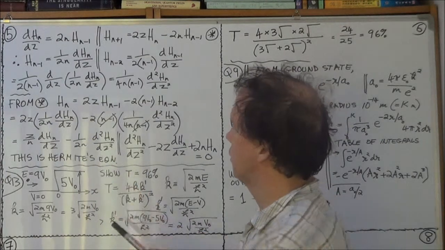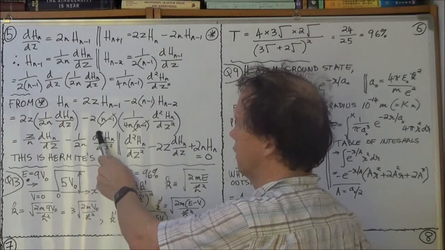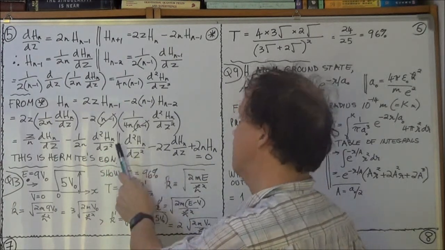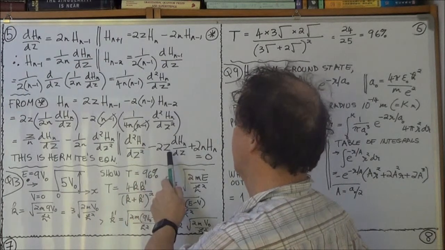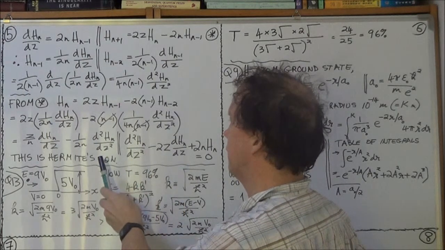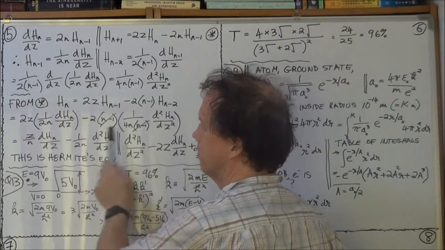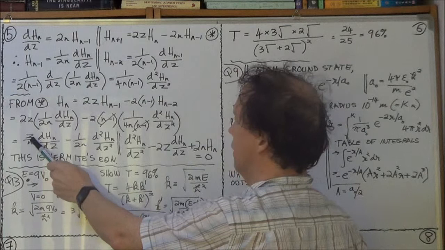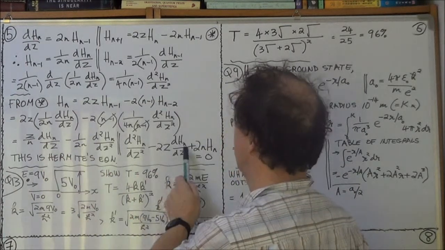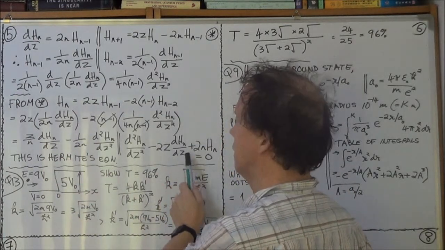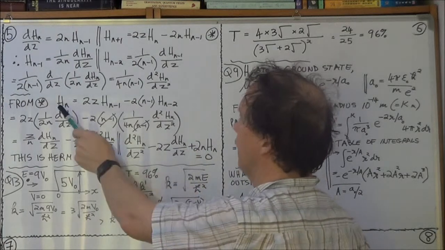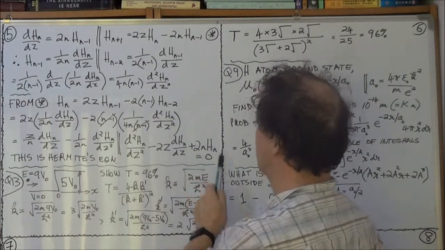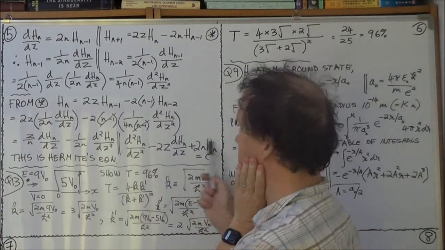That'll get rid of your coefficient for the second differential, d²H_n/dz². So multiplying both sides by 2n, the n's will cancel, you get minus 2z dH_n/dz, and equals 2n H_n, equals naught, right?